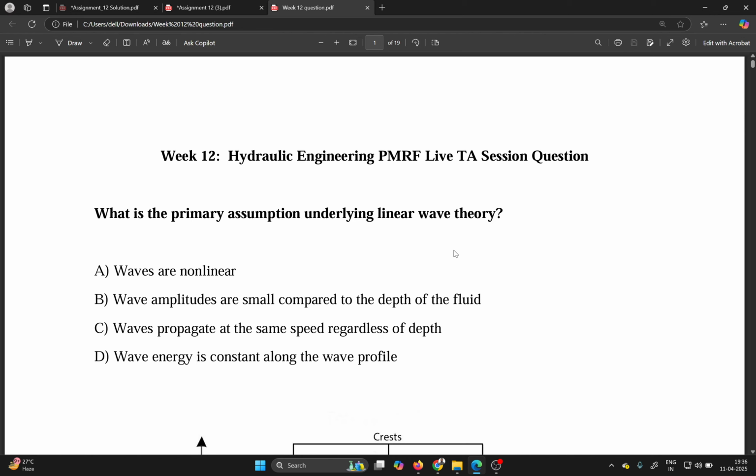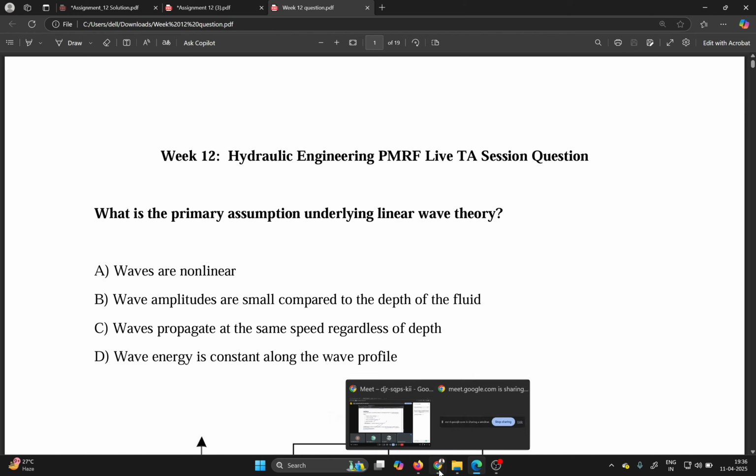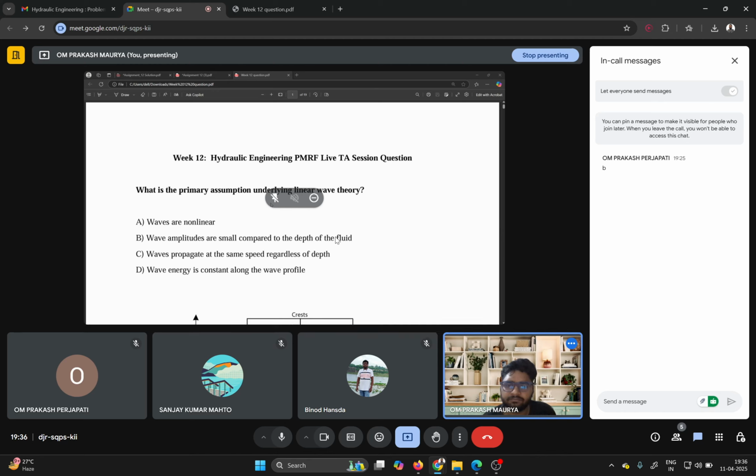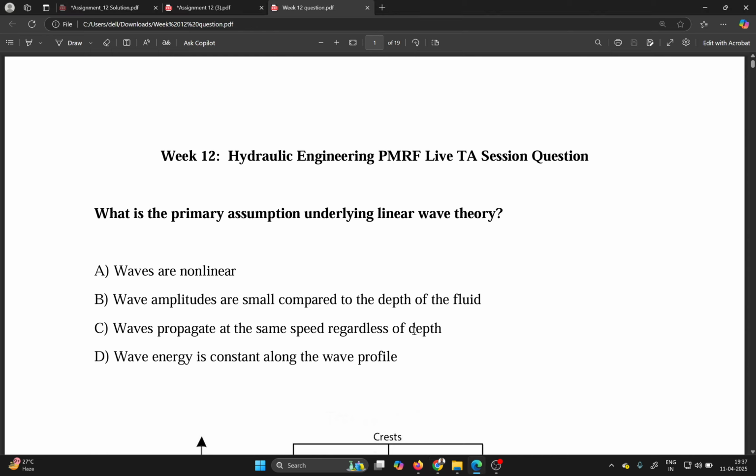Okay, let me just show you. Here is another set of questions. What is the primary assumption underlying linear wave theory?